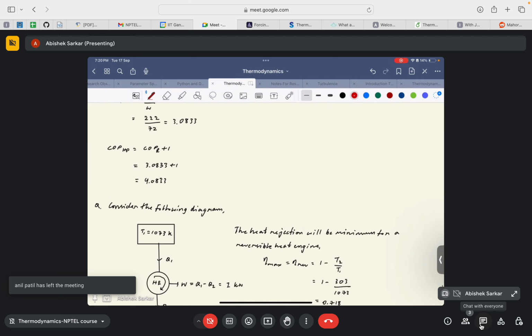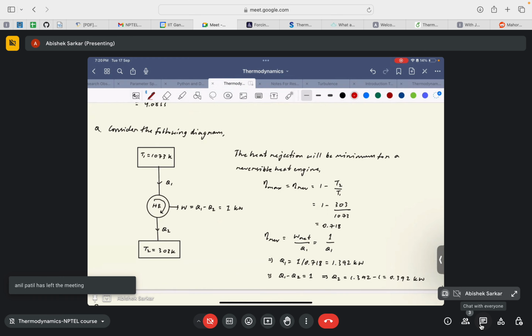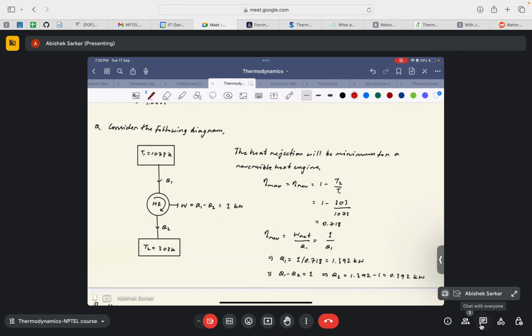So temperature TH was 800 degrees Celsius and TL was 30 degrees Celsius. So the key thing here is now to convert these temperatures first to absolute scale.